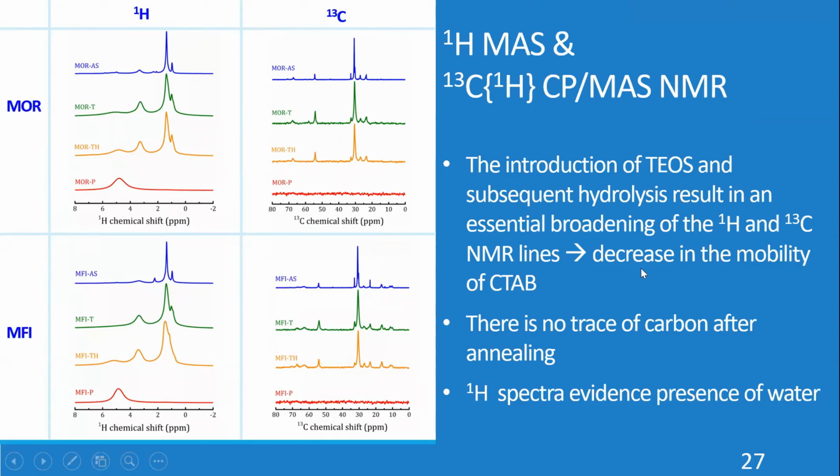Once again, it means a decrease of the mobility of CTAB molecules. And also, we can see that there is no trace of carbon after annealing. It means the annealing evacuates completely the organic molecules.